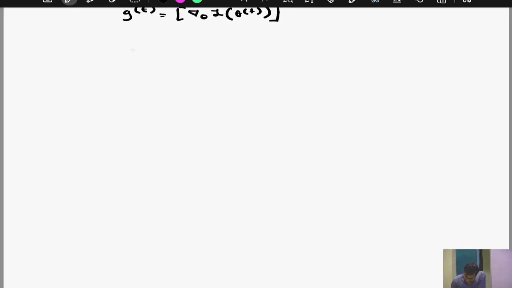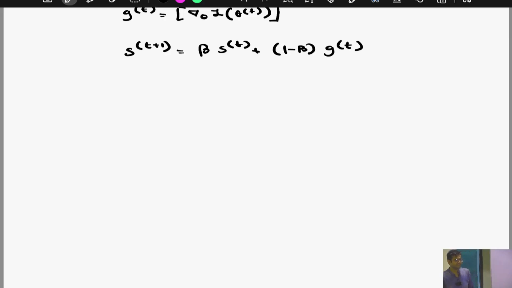And then the main thing: S(t+1) equals beta times S(t) plus (1 minus beta) times g(t)². And this solves the problem now. You can tune this beta and decide how much information you want from the history and how much importance you want to give to the recent past. So this will help you with that.